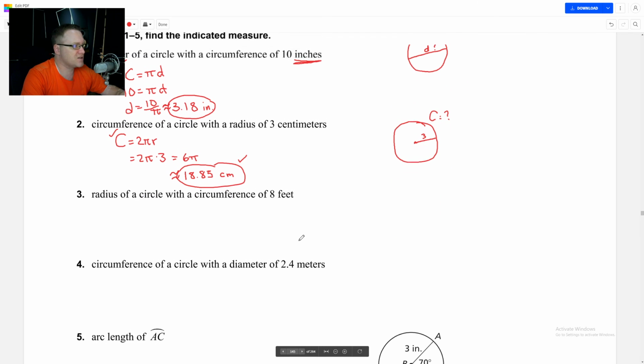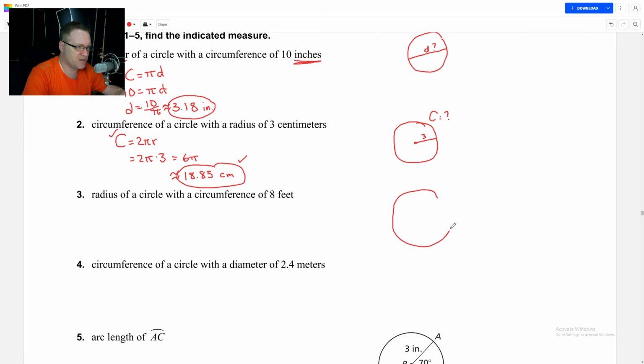All right, next, let's look at number 3. The radius of a circle with a circumference of 8 feet. They told us the circumference of the circle, C, equals 8, and we want to know what the radius is, from here to here.